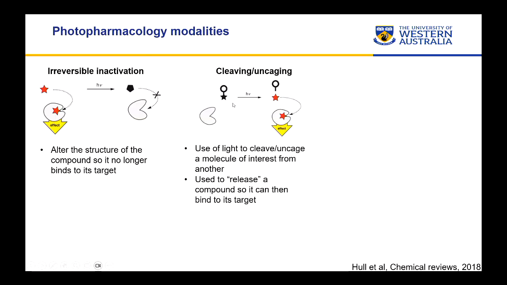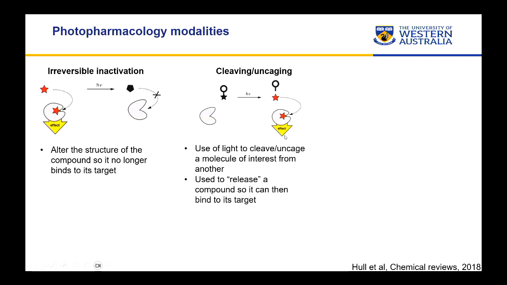We have its ligand or agonist that would normally bind to it, this star. But you see that it's bound to something, this circle here. It's being protected. It's being caged by something. We then apply light. This light breaks the bond between the caged substance and the thing protecting it to release the thing we want to bind to its target, and we can have an effect.